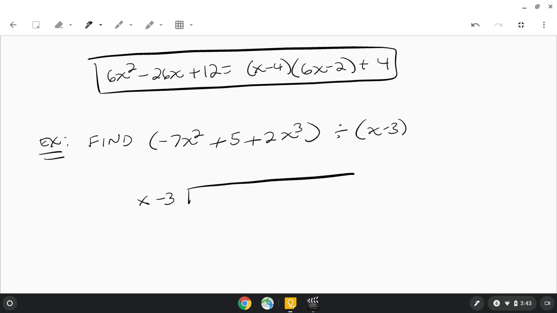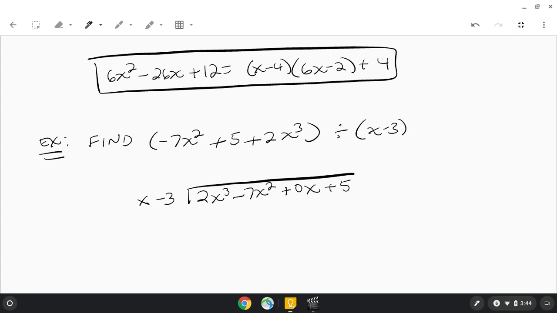Let's put it in descending order and use placeholders if we need to. The first term will be 2x cubed, then negative 7x squared, and then we are missing the x term, so we're going to use the placeholder 0x, and then plus 5.